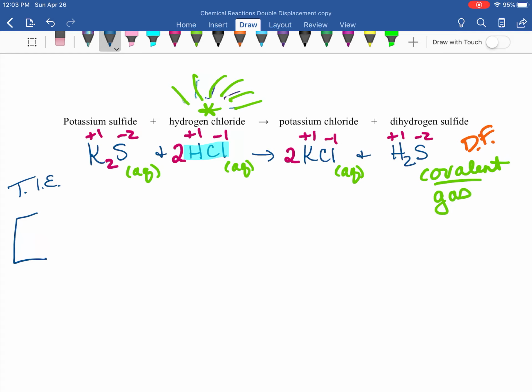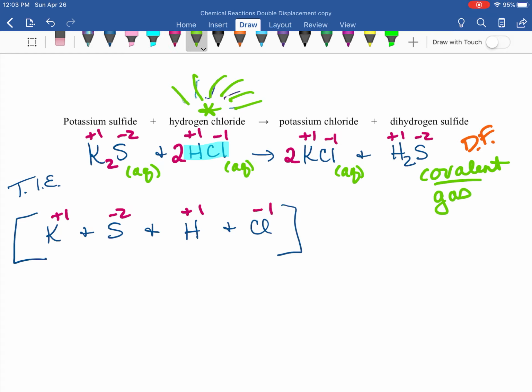So how do we write this reaction out? Same as the other one. We're going to take our total ionic equation. All right, our K2S, our potassium sulfide, let's spell that out. And I'm going to write in blue first, and then I'm going to come back in and add my labels.